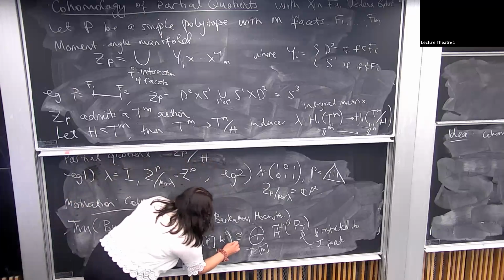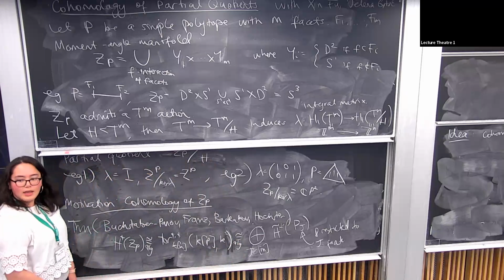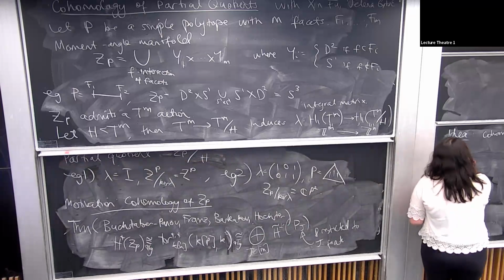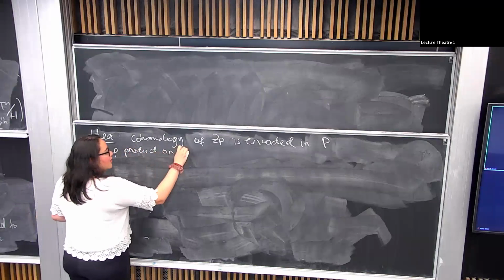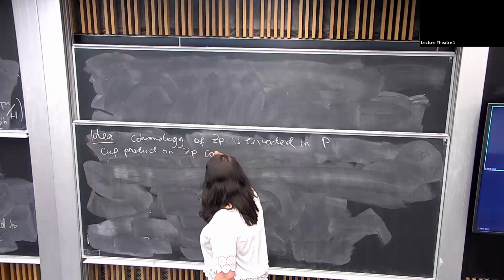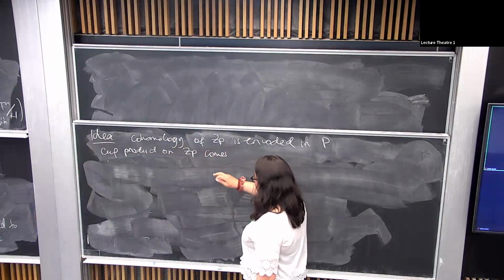I should also mention these are not just isomorphisms as modules, they're actually isomorphisms as algebras. So we really have the product here. And in fact, the cup product on Z_P kind of comes from the product of polytopes.